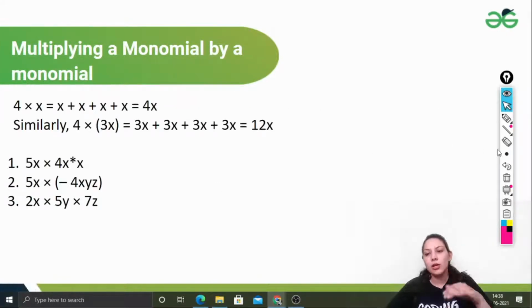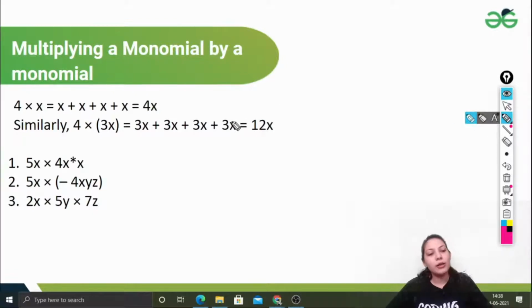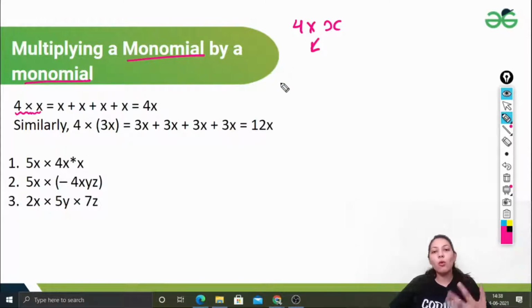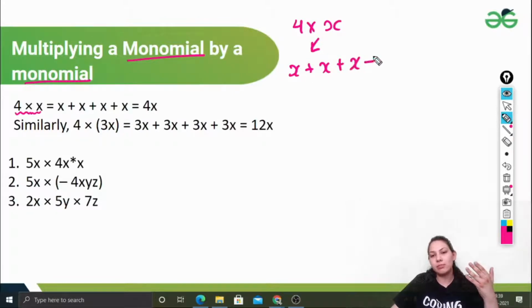Okay, so now let us understand multiplying a monomial by a monomial. We understood the monomial in the last class, so let us directly solve here. If I say 4 into x, and I break down what it actually means, 4 times x is x plus x plus x plus x.